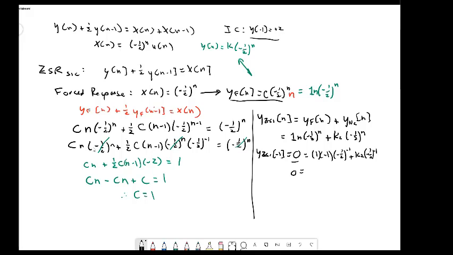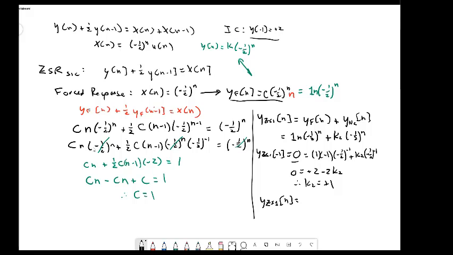And so 0 equals the minus 1/2 flips over to become minus 2 multiplied by minus 1 gives us a plus 2. And this becomes minus 2 k2 equals 0. So therefore our k2 turns out to be plus 1. And we have our total zero state response for the single input case.